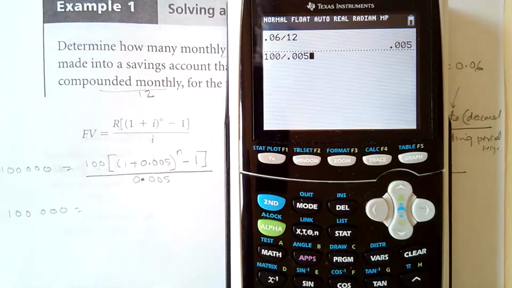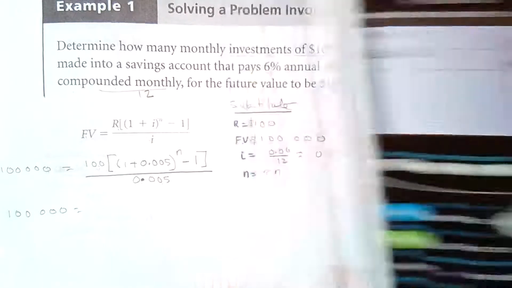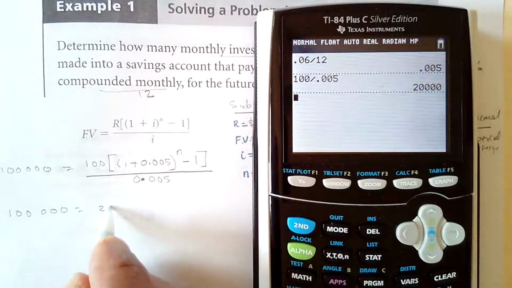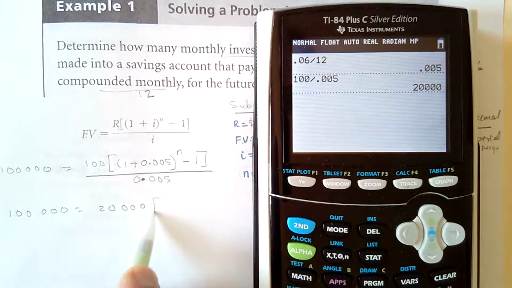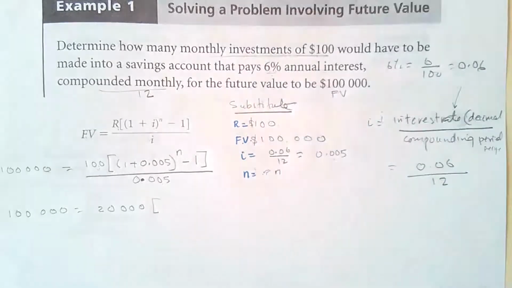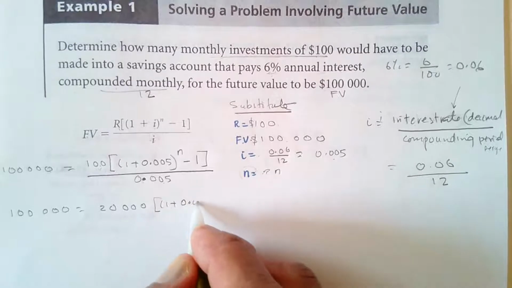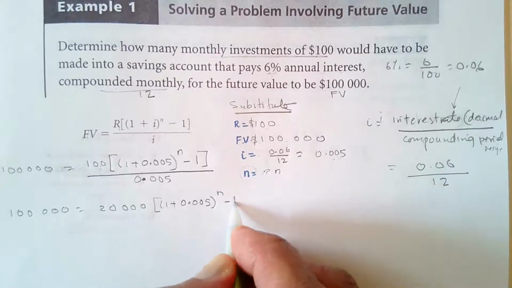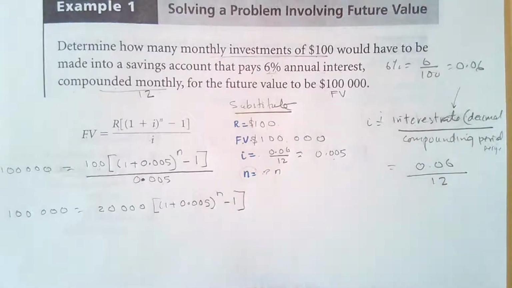So we want to simplify this further. Dividing gives us 20,000.